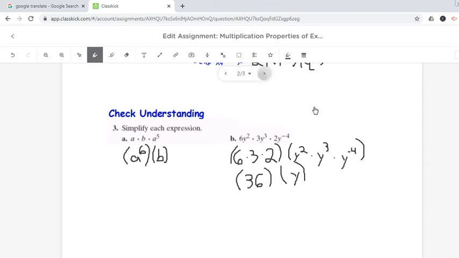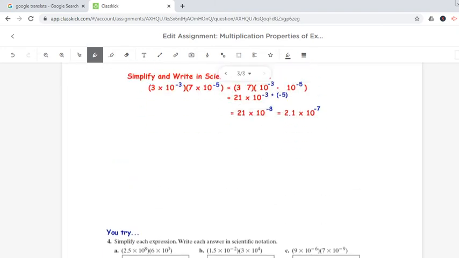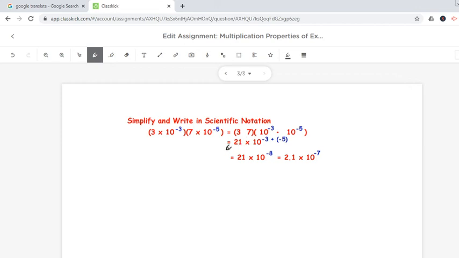So, move to the last page, just these two problems. So this is 3 times 10 to the negative third times 7 times 10 to the negative fifth. So again, we put our numbers together. 3 times 7 right here.